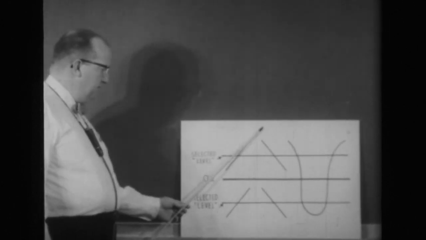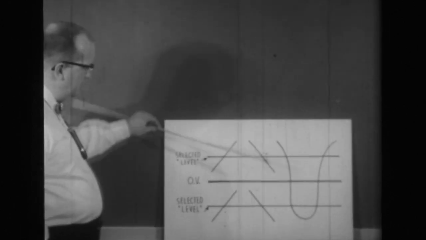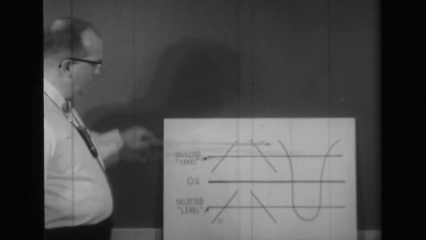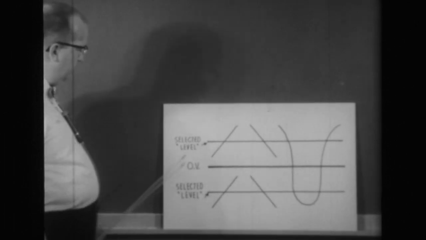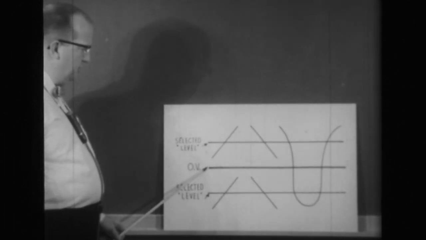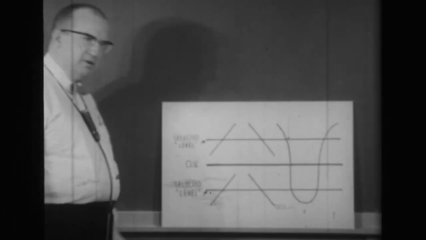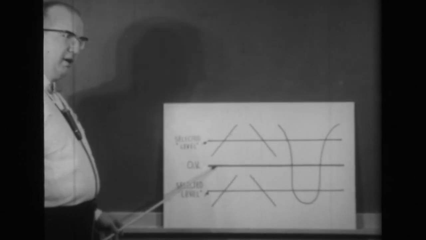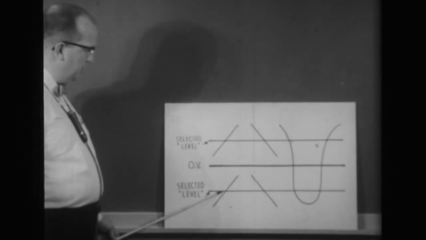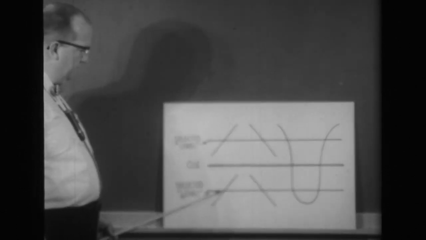In other words, this is a positive slope, this is a negative slope, this is a positive slope, and this is a negative slope. But note carefully that the ground line, 0 volts DC, runs through the middle of this sketch, and that this DC voltage is actually positive in reference to ground, whereas this DC voltage is negative in reference to ground.